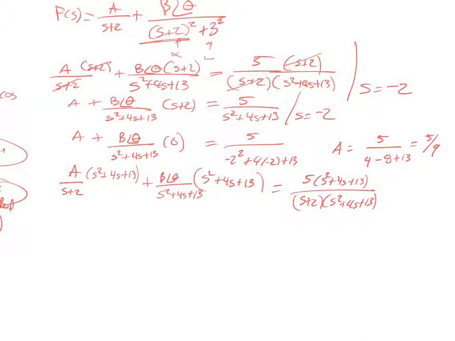Just multiply both sides. And then I will evaluate at the positive omega term root. In this case, that's minus 2 plus 3j.